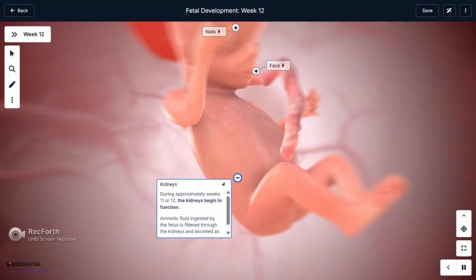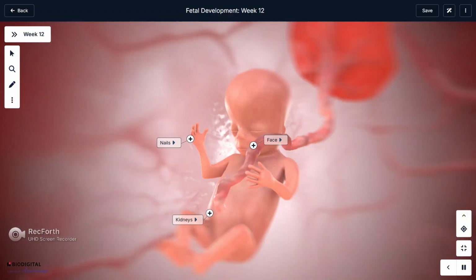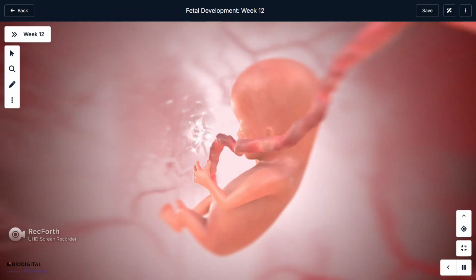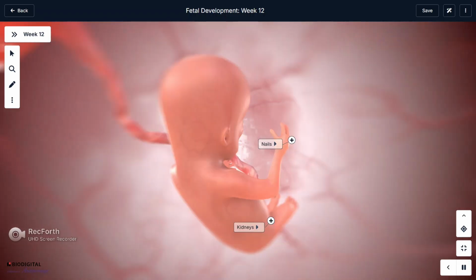During approximately weeks 11 or 12, the kidneys begin to function. Amniotic fluid ingested by the fetus is filtered through the kidneys and excreted as urine. So this is the development of a fetus by week 12.